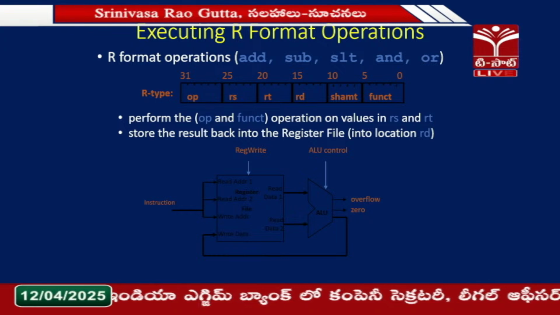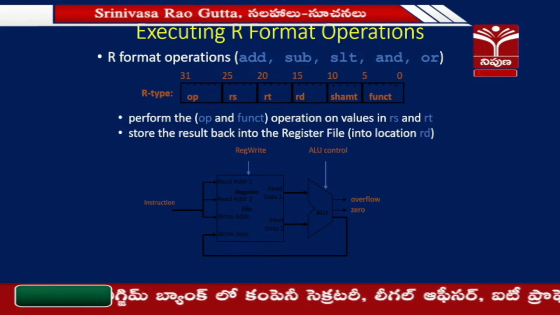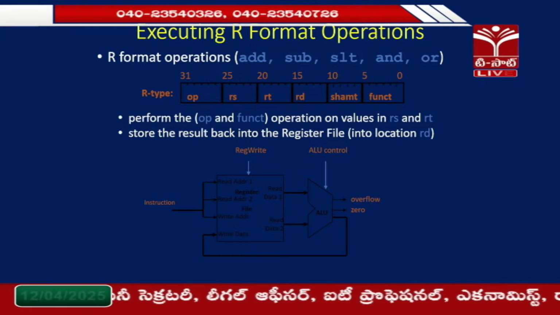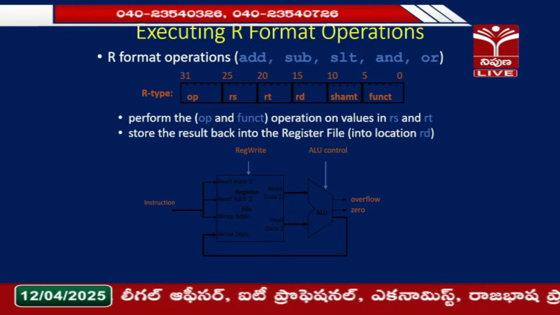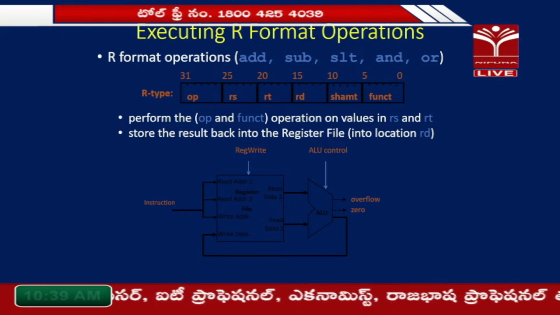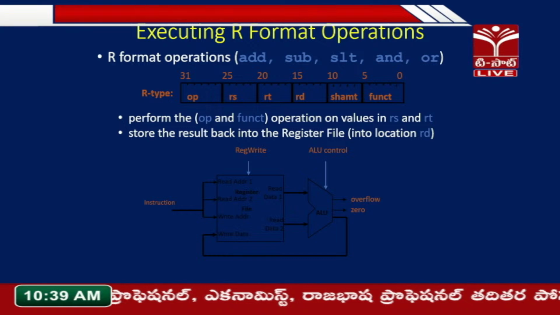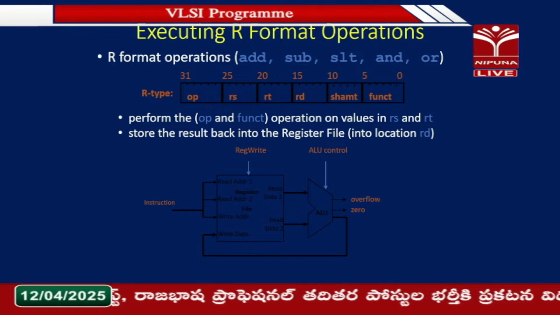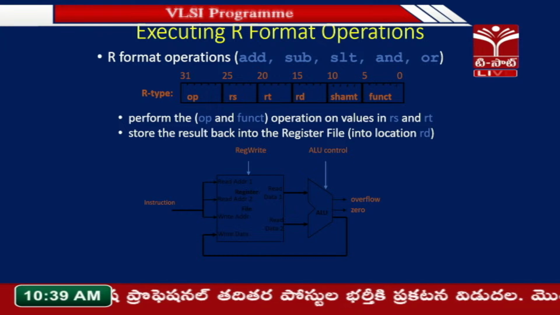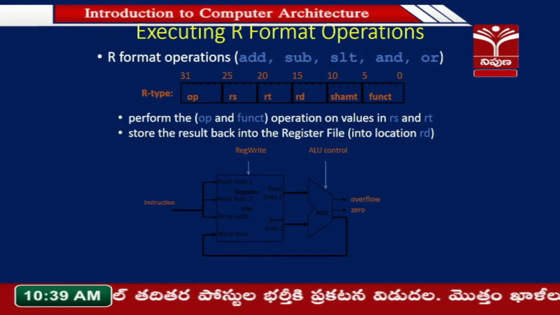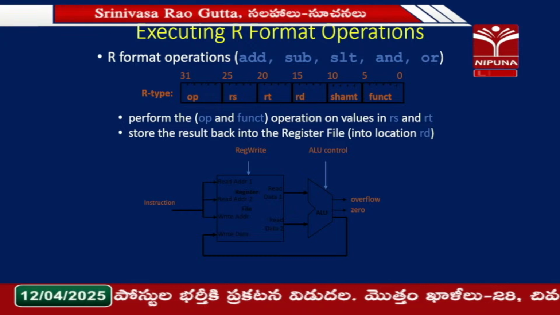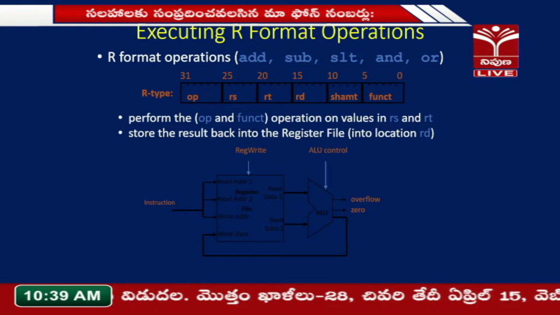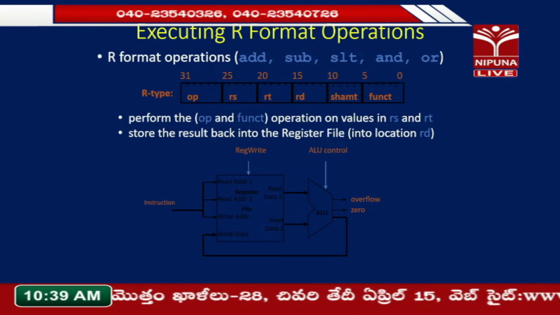So, when you look at any of these arithmetic instructions, which are called the R format class in the MIPS architecture definition, this R format class has the operands, and once the instruction is decoded, the values of the registers are read, and then the particular arithmetic operation is enabled on those operands.